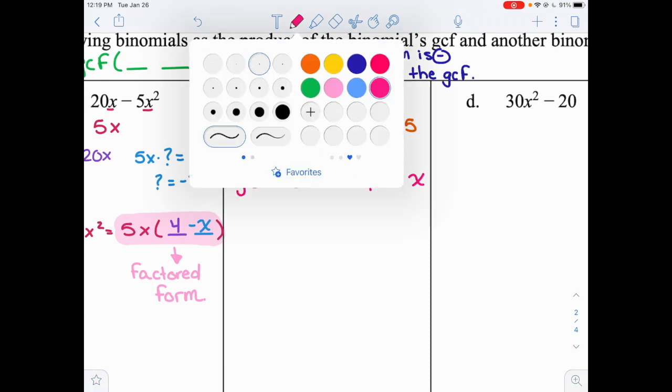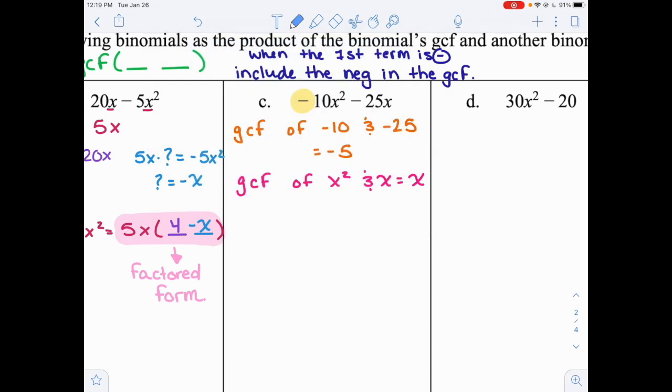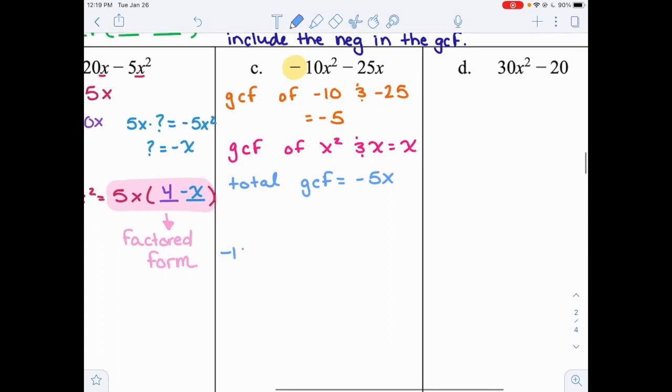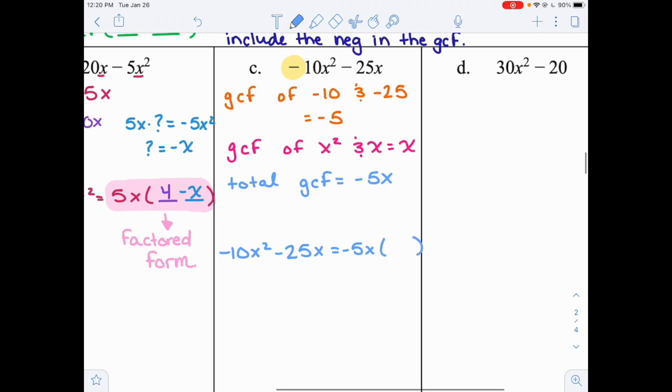So my total GCF is going to be negative 5x. So negative 10x squared minus 25x equals negative 5x times a binomial.